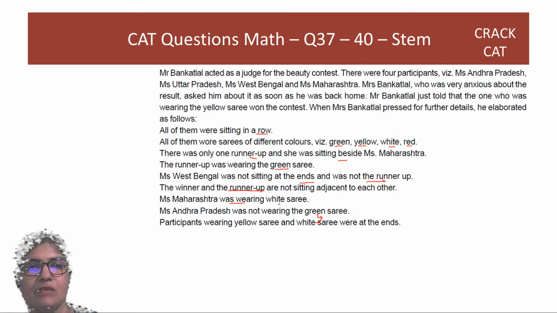Miss Maharashtra was wearing white sari. Miss Andhra Pradesh was not wearing the green sari. And yellow and white sari were at the ends. So this is the best statement to start with. Let's do this, right? So एक तो yellow है, ends पे है, right? White, this is one possibility. The other possibility is white and yellow.